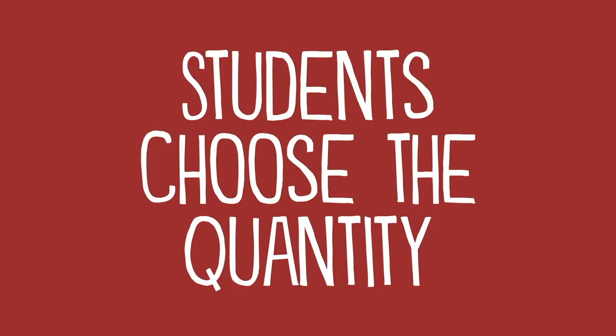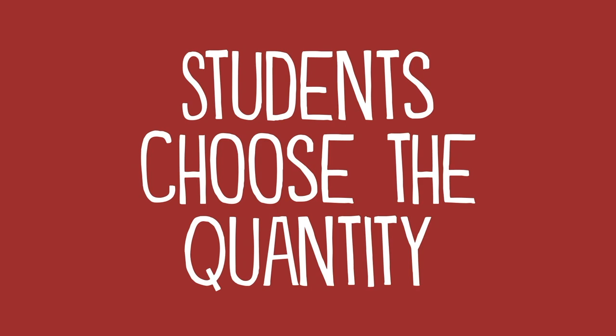Now, in some cases, this means students could choose the quantity of their work. And I remember students had a really hard time with this at first, because I said, for a blog post, I don't care if it's 200 words or 2,000 words, just get your point across and do it well. And some of them felt like it was unfair, and why am I writing more and getting the same grades?